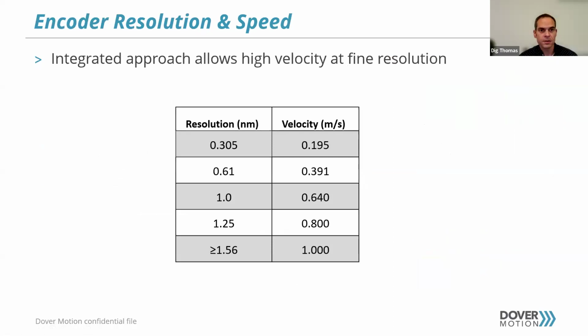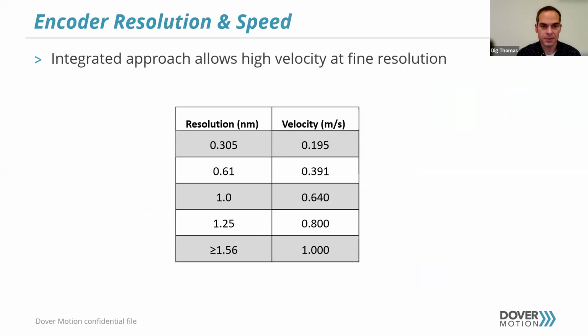Sure. So this is a simple encoder resolution versus speed table. Again, one of the advantages of having everything integrated inside the drive and in close proximity is you have great signal-to-noise ratio, and you are not sending digital quadrature or very sensitive analog over several meters of cable.